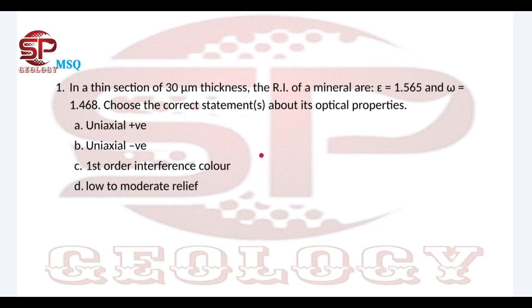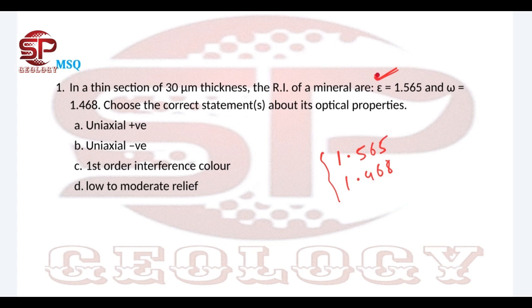Then comes the MSQ question. In a thin section of 30 micron thickness, the RI of mineral R, epsilon is given as 1.656 and omega is given as 1.468. You have to choose the correct statement or statements about the optical properties. So epsilon has a value of 1.656 and omega has a value of 1.468.